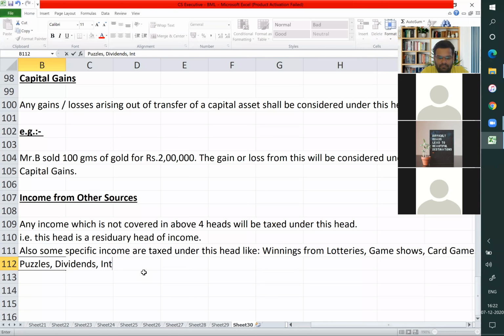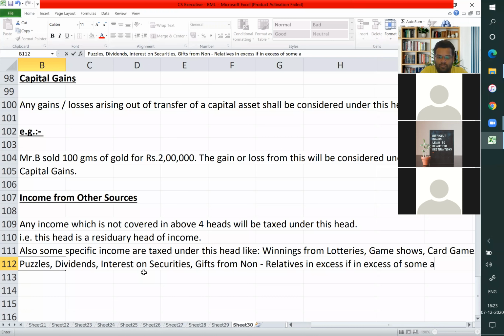Dividends, interest on securities, even interest on fixed deposits and recurring deposits, all these things will be taxed under this head. Gifts from non-relatives, if in excess of some amount. All these things will be taxed under the head of income from other sources. Rajeshwari, is it clear?